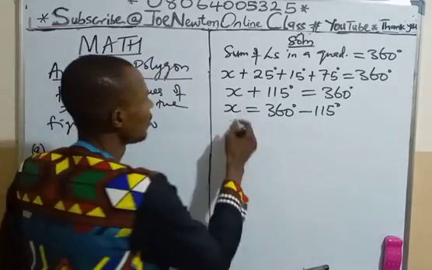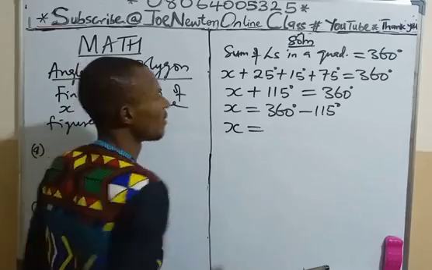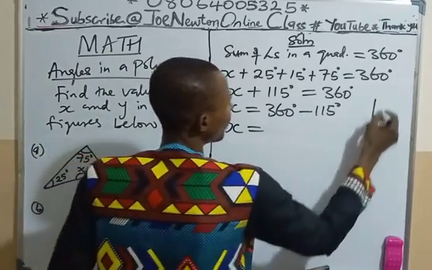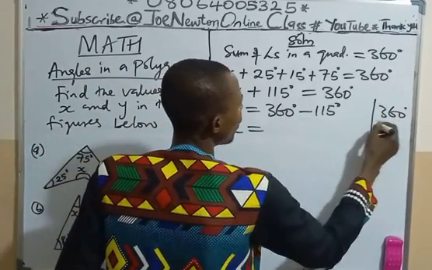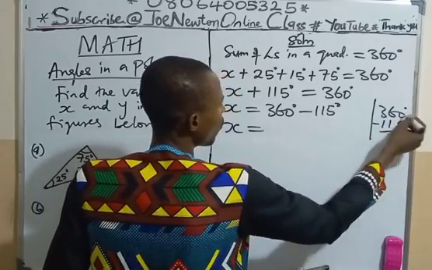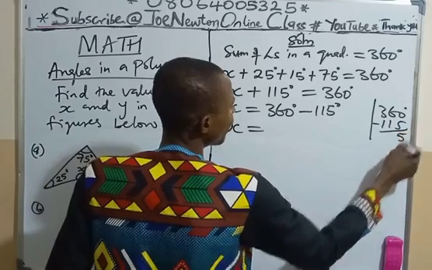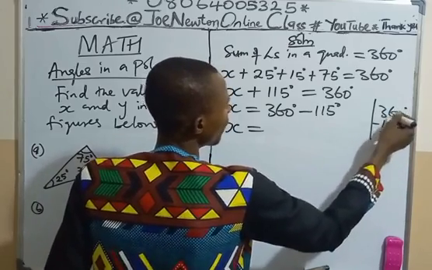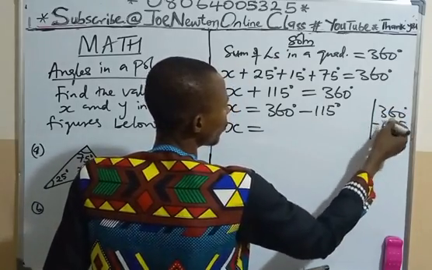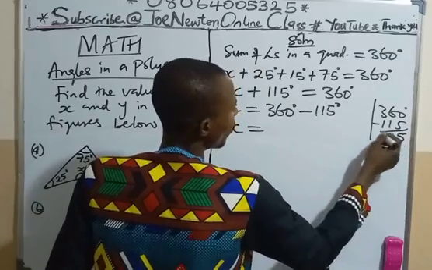So when you have 360 minus 115, 0 minus 5 cannot be done, so we borrow 1 here. 10 minus 5 gives 5. Here remains 5. 5 minus 1, you have 4. Here remains 3, and 3 minus 1 gives 2.